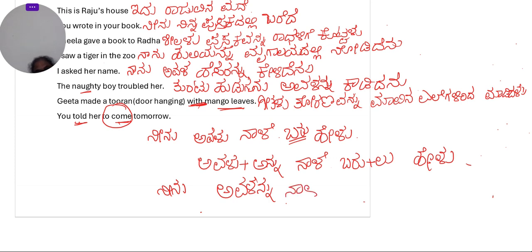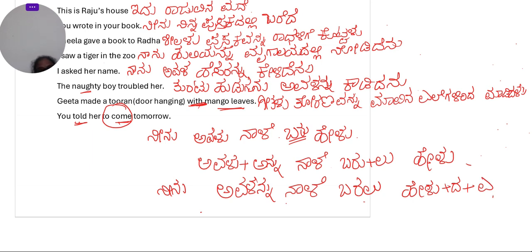Nale is nale itself. There's nothing added there. No suffixes to be added. Baralu. Baru plus lu will become baralu. Then helu plus the for the past tense plus you is a second person. Singular noun, second person. So A.